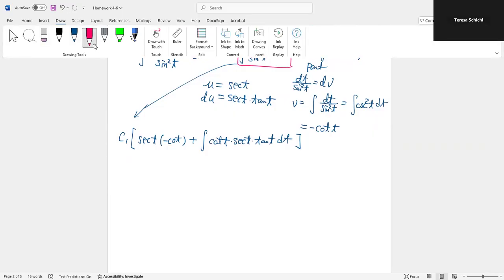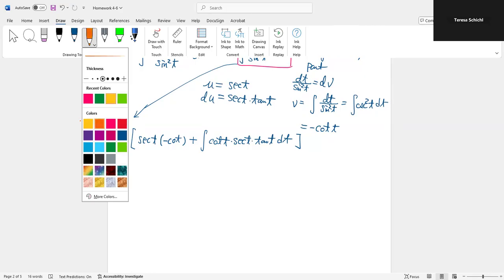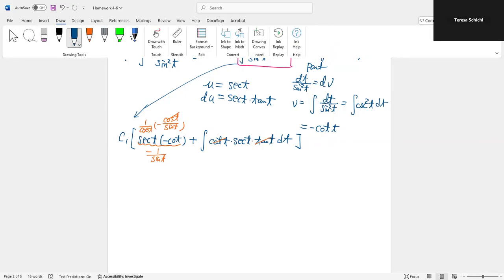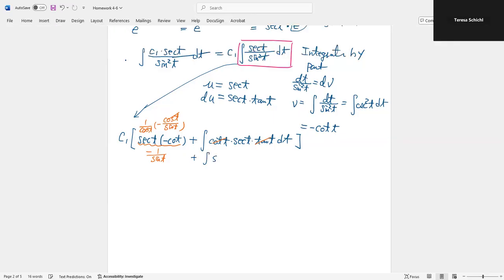I need to use some trig identities. Secant is 1 over cosine t, and negative cotangent is negative cosine t over sine t. So they cancel, and this term gives me negative 1 over sine t. For this one, cotangent and tangent cancel, right? So now I'm only going to have plus the integral of secant t dt.